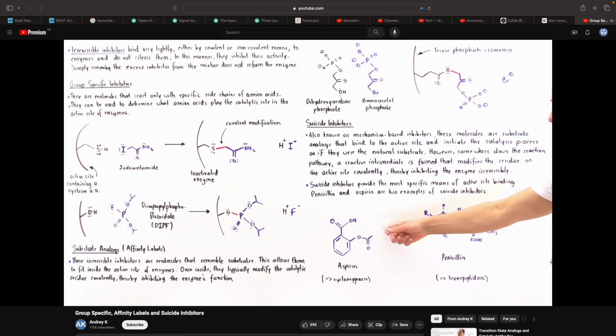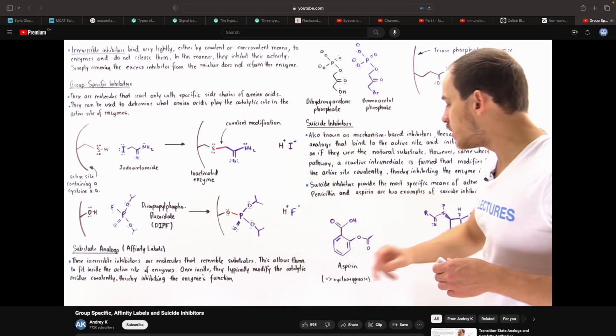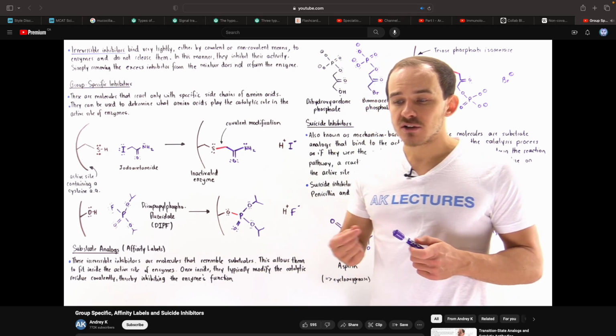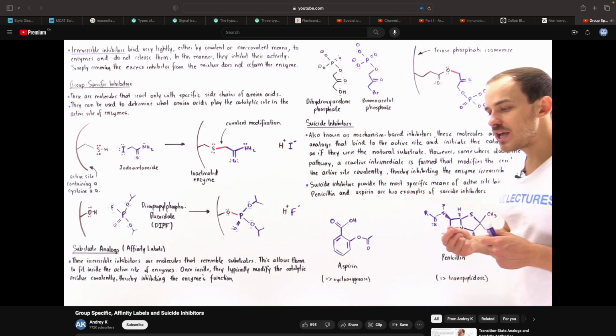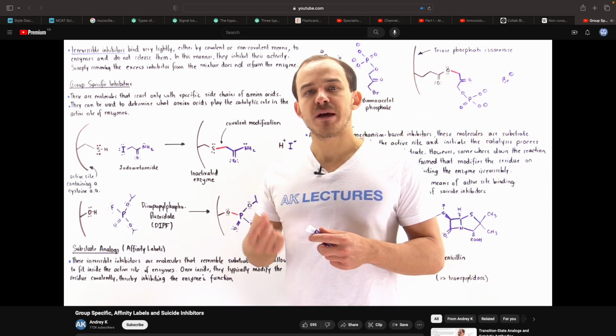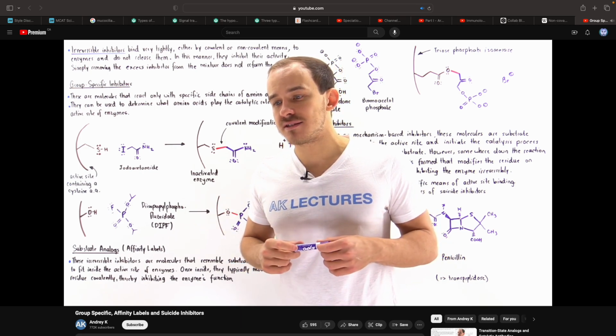Now, aspirin, which has the following structure, is a suicide inhibitor to an enzyme we call cyclooxygenase. And what cyclooxygenase normally does is it basically catalyzes the formation of a special type of signal molecule that is used in the inflammation process.